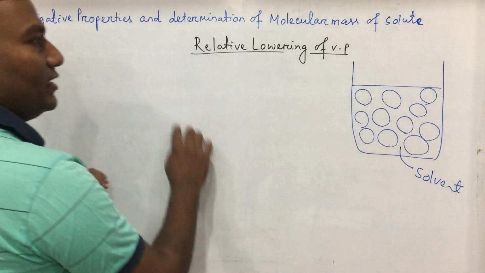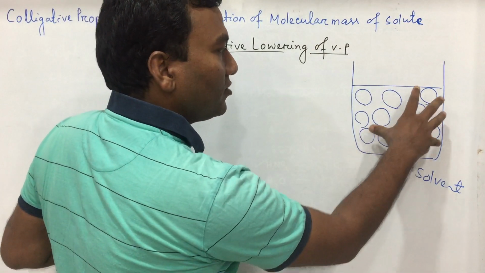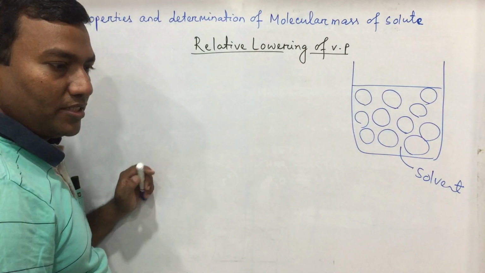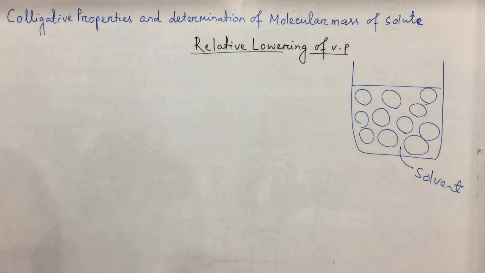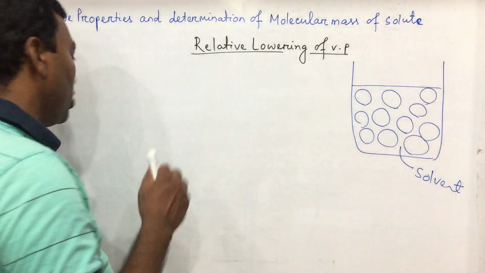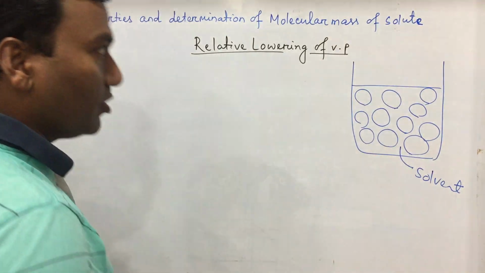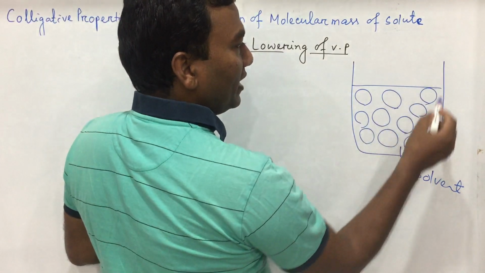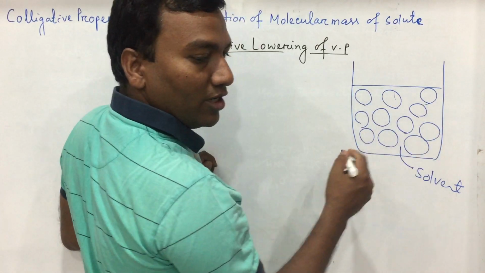Suppose this is a container. Inside this container, suppose some solvent, say water, is present. When you add some solute particles, suppose sodium chloride, the solute particles occupy the intermolecular space of the solvent molecules.